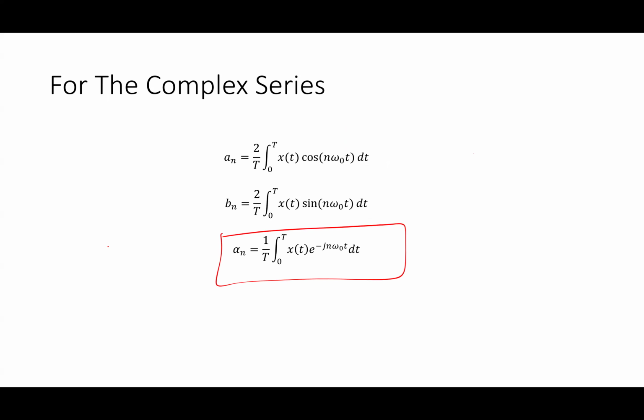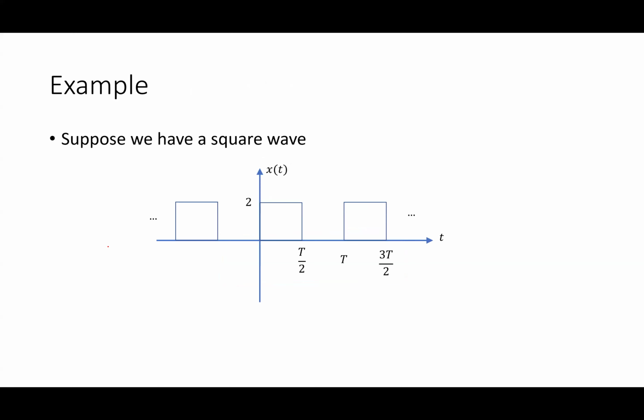Now, let's say I had a square wave. This is the square. I said that A0 for this was equal to 2, and all the other A values are equal to 0 for n not equal to 0.